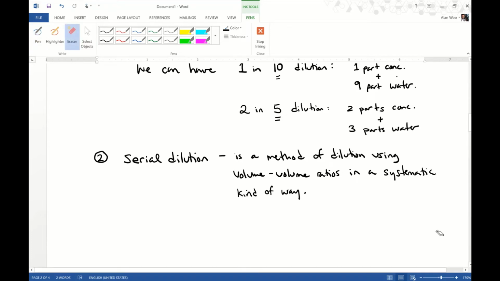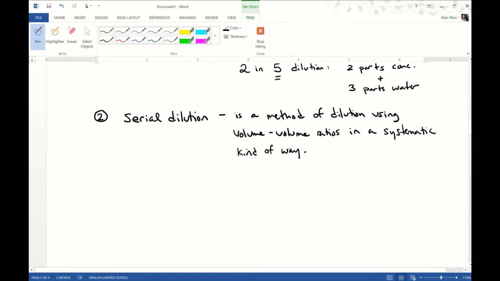So there is a procedure to what we're doing, and that procedure has a very orderly fashion. So that when we dilute something in this way, we always get the same kind of dilution. Okay, and we can dilute things that are concentrated to something very dilute very easily and very quickly.